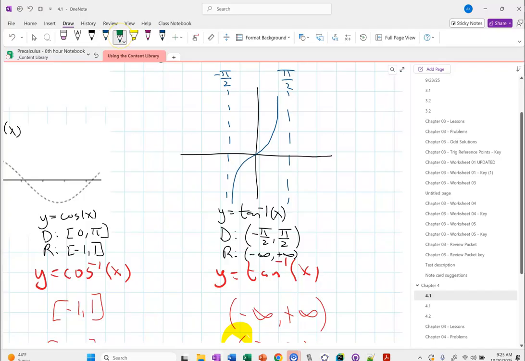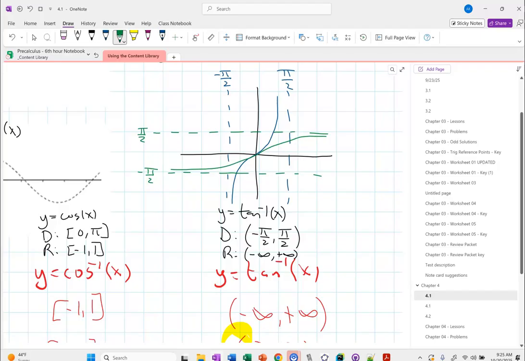So if I make my inverse then, those vertical asymptotes become horizontal asymptotes because the x's and y's switch. So again, this is negative pi over 2 and positive pi over 2. So those aren't in the set of possible outputs because we know the graph can't cross an asymptote, right?